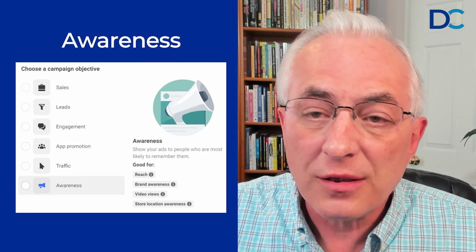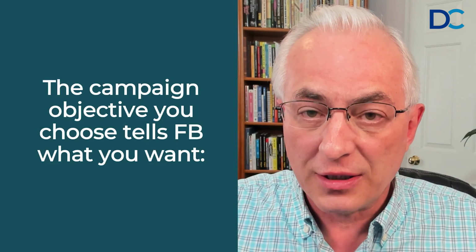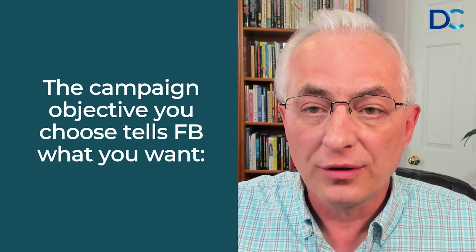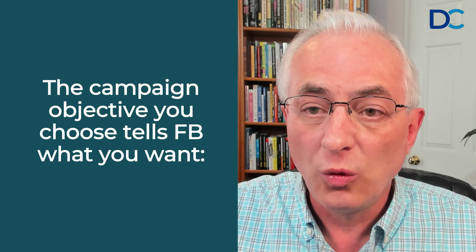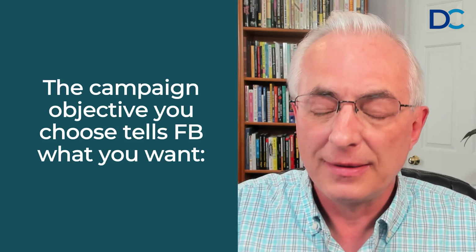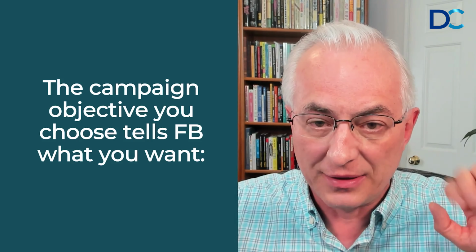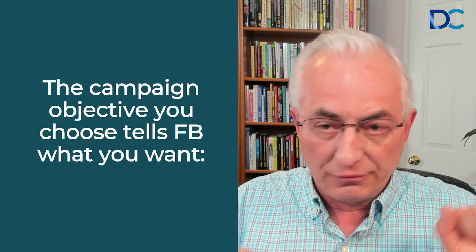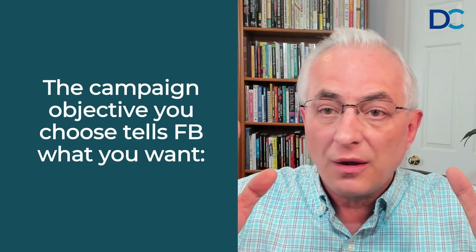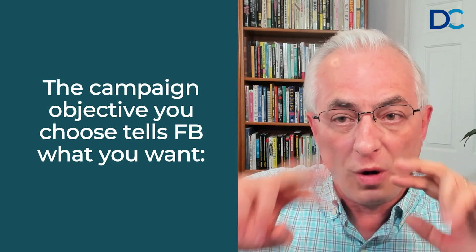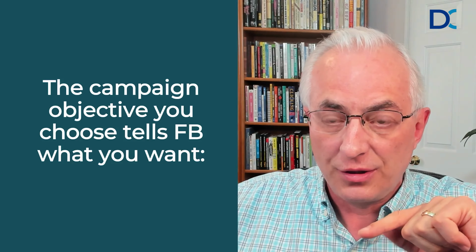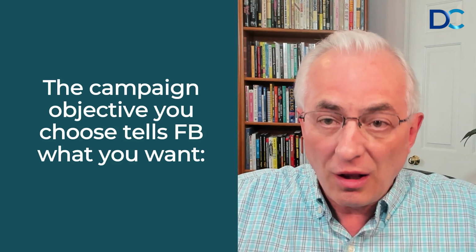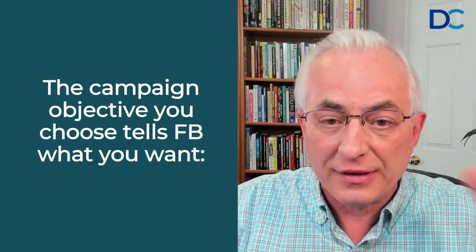Okay. So the campaign objective that you choose tells Facebook what you want them to focus on, what we call optimize on. So 100 people. Of those 100 people, let's say 20 of them are willing to opt into your list. Well, Facebook's got all 100. Which of those 100 does it send?